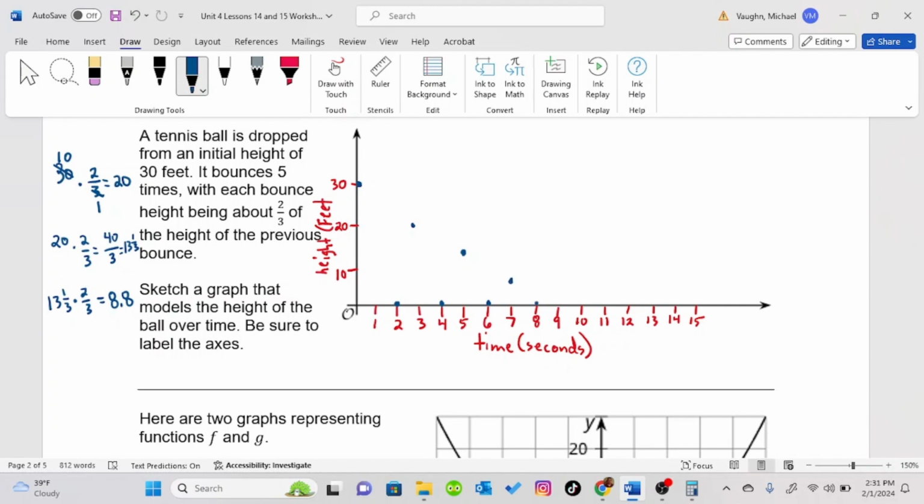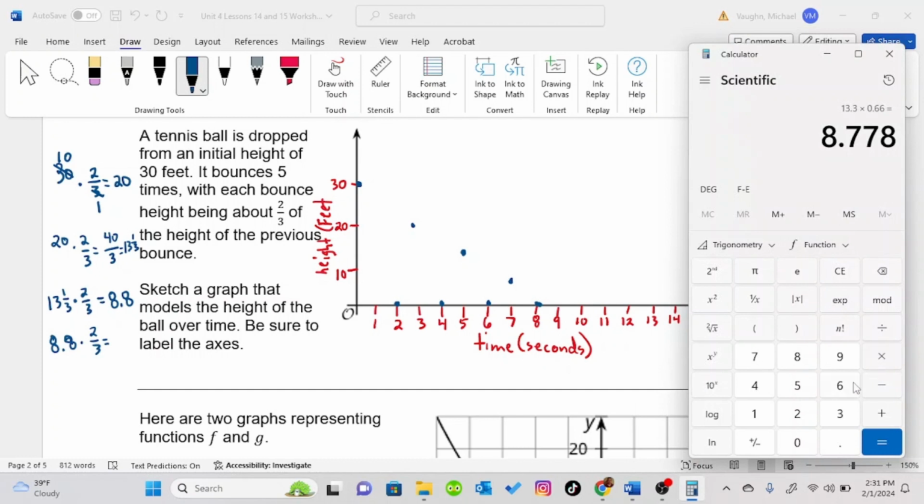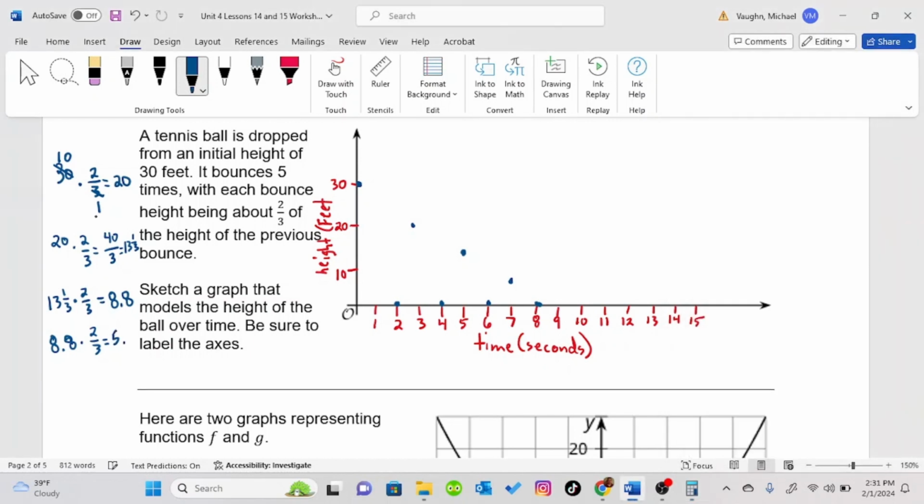And then it's going to come back down and hit the ground again, where it will bounce for a fourth time. 8.8 times 2/3 is about 5.8. So that's where we'll put our fourth bounce.